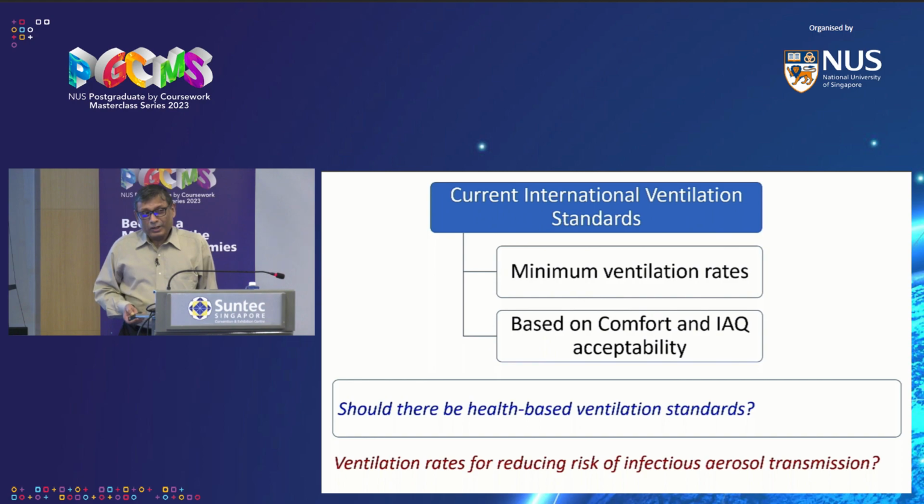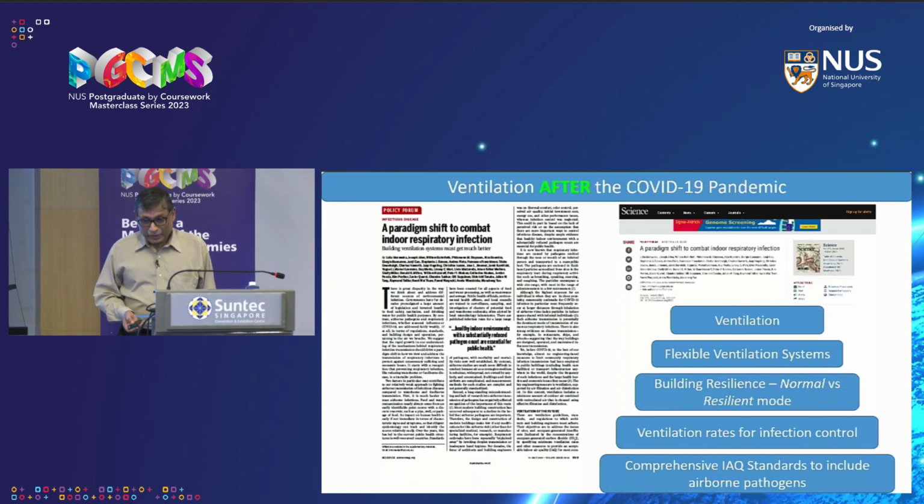Up until now, we have not had what we call health-based ventilation standards. We advocated that during the pandemic time. This is an article from Science that I and some of my colleagues were part of in an international scientific community.